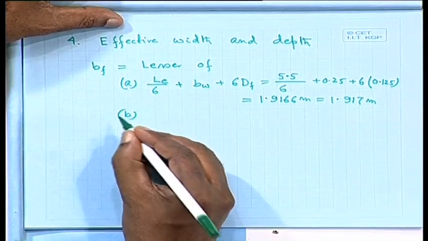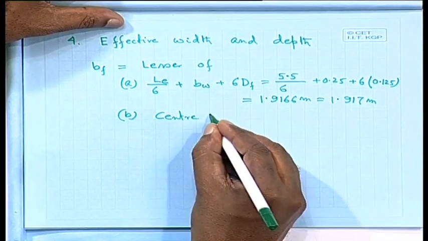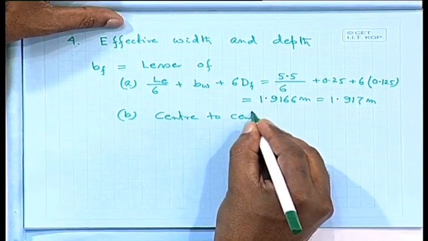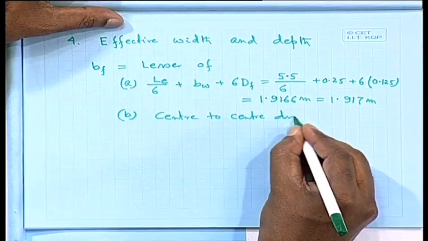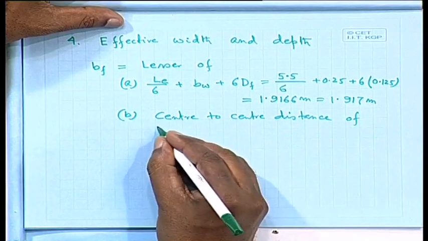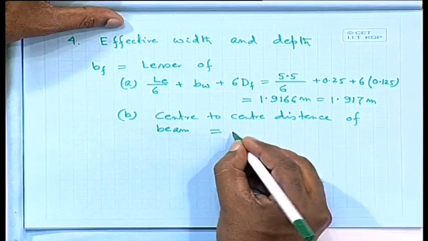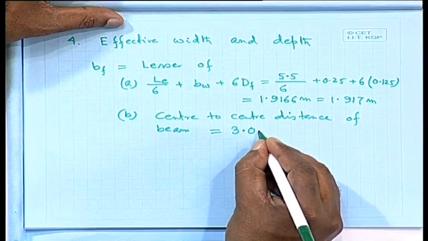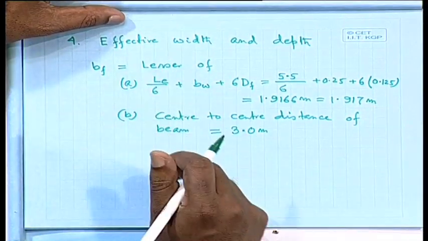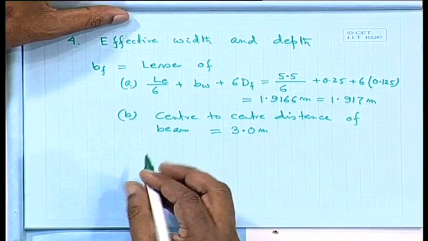B is the center to center distance of beam, which is equal to the spacing, that is 3 meter, and we have to take the lesser of these, whichever is the minimum.